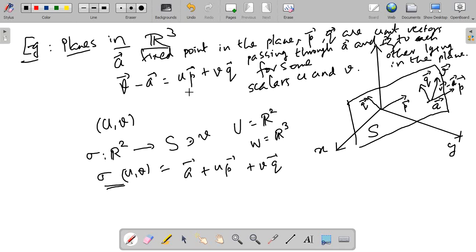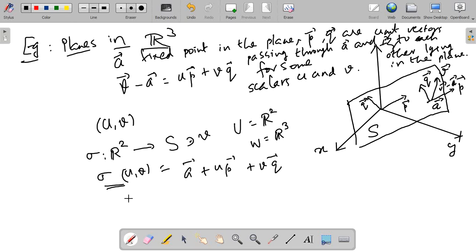Every vector in the plane can be written as a linear combination of vector P and vector Q. That means there exist u and v such that vector V minus vector A equal to uP plus vQ for the scalars u and v. This means that sigma is surjective.